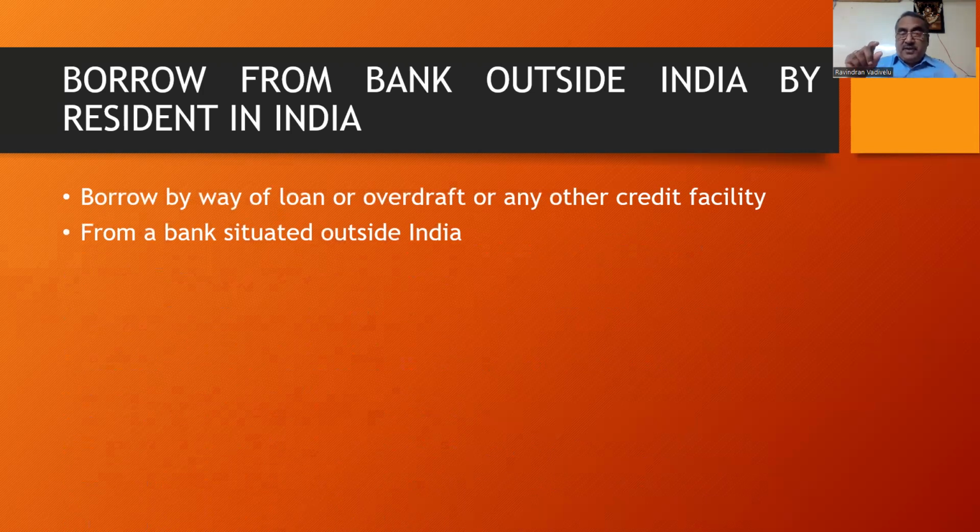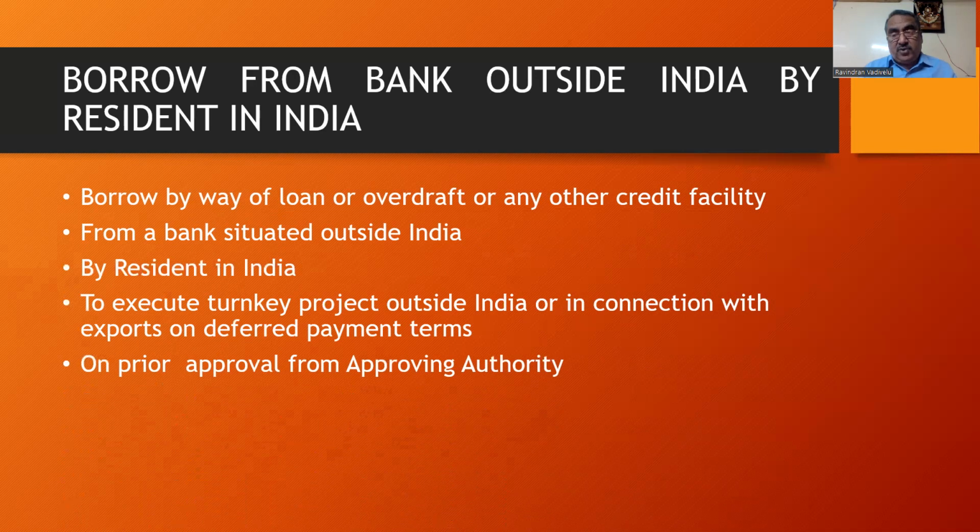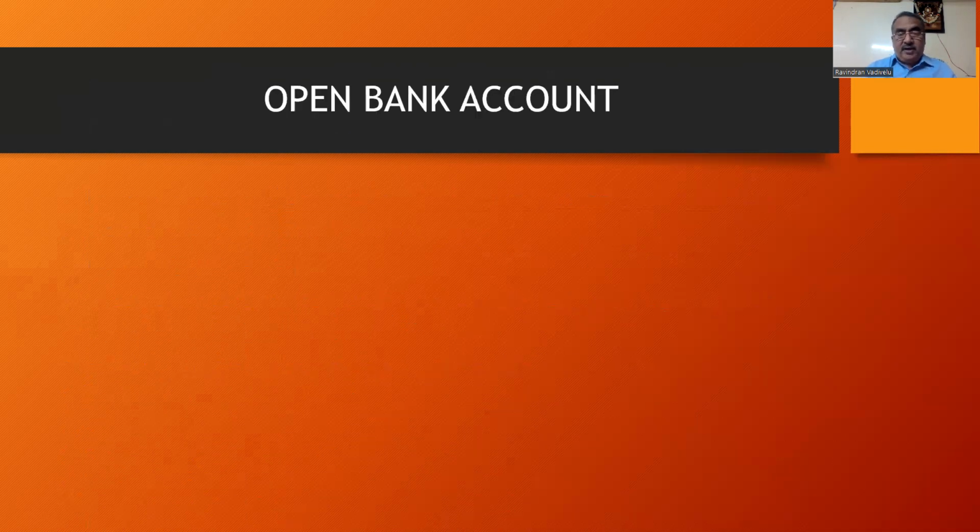This has to be used to execute a turnkey project outside India or in connection with exports on deferred payment terms. For that, a resident can borrow a loan from a bank situated outside. But even for that, the prior approval of the AA, that is, the approving authority, is required.